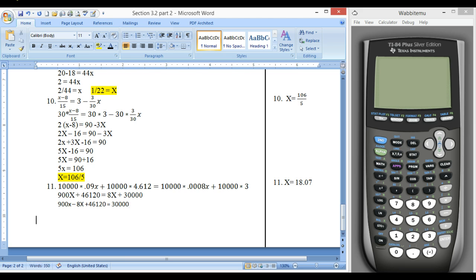And my next step, 900 minus 8 gives me 892x. And that's going to still be adding to 46,120, which equals 30,000.